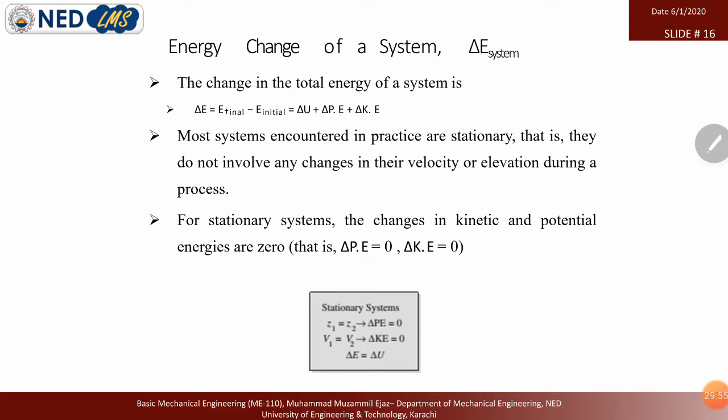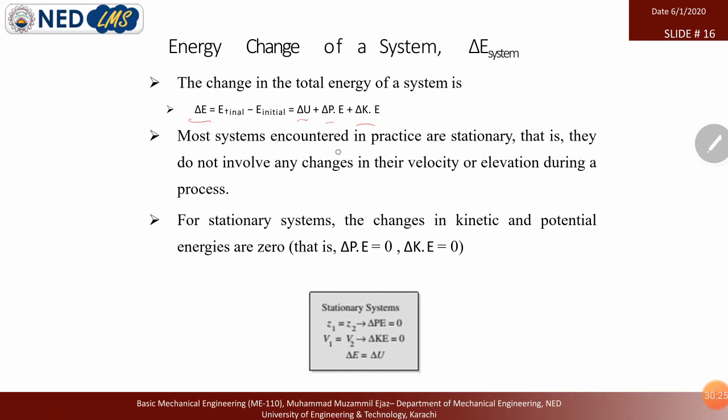So the change in the total energy of the system, delta E, is equal to E final minus E initial. So we put delta in the sum of all energies, like internal energy, potential energy, and kinetic energy. So the change in the total energy will be equal to the change in the internal energy, the change in the potential energy, and the change in the kinetic energy.